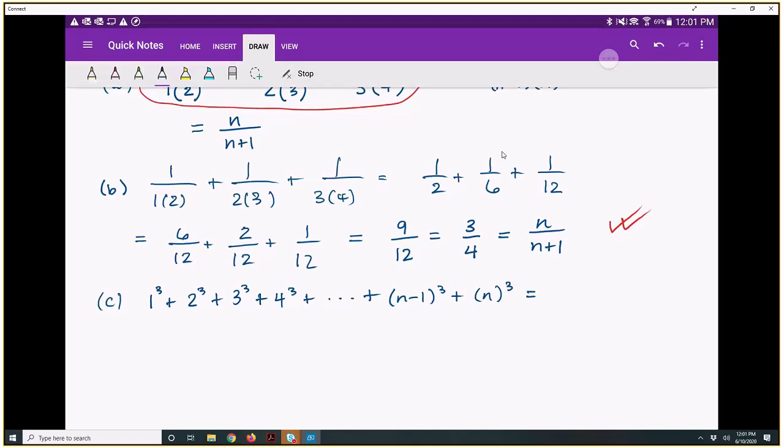And the formula tells us that that should be equal to n squared times n plus 1 squared all over 4. Now let's verify this when n is equal to 3.